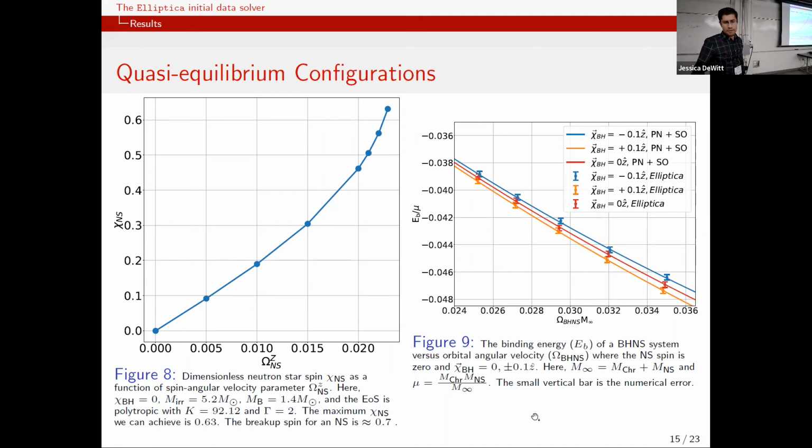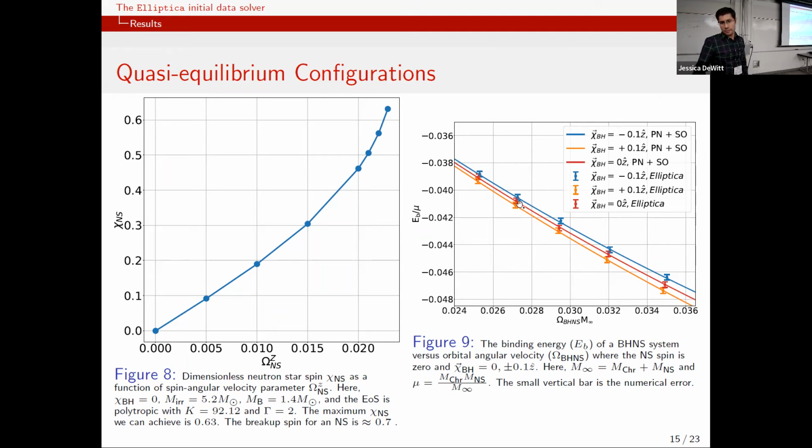The other thing is we compare our results with post-Newtonian approximation. So we add a spin onto the black hole, and the y-axis shows the binding energy and the x-axis shows the total mass. We compute the post-Newtonian plus spin-orbit interaction, and this solid line shows the post-Newtonian result.